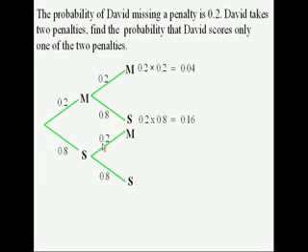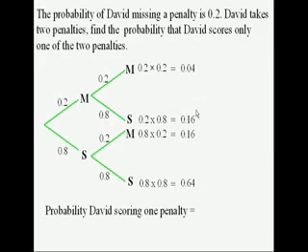A score and a miss would be 0.8 times 0.2, which equals 0.16. And the probability of David scoring both penalties would be 0.8 times 0.8, which would be 0.64. So there we've got the probability for all the options. Miss, miss, 0.04; miss, score, 0.16; score, miss, 0.16; and score, score, 0.64.